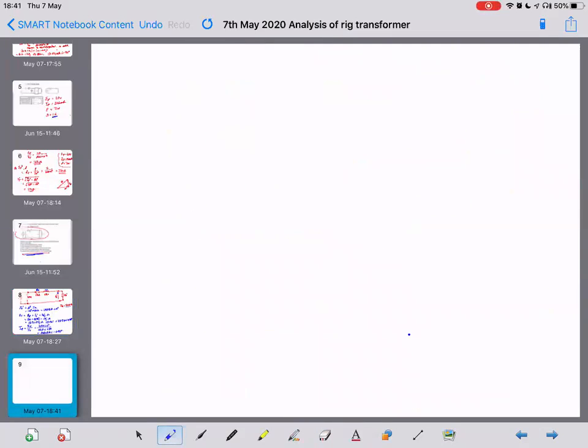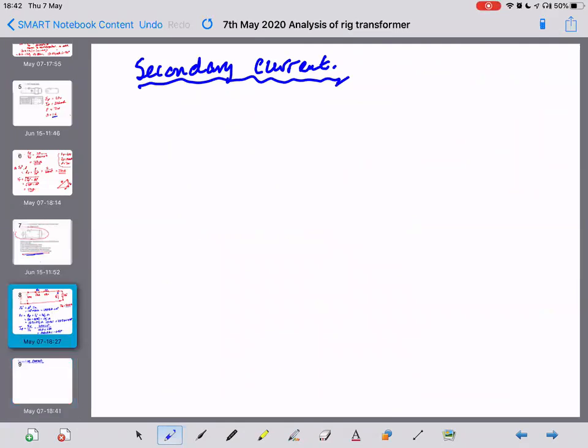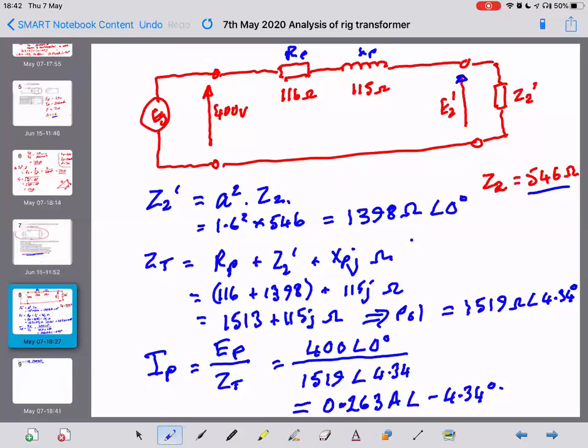So secondary current. How can we find that? From knowing the primary current, IP, what would be I2 dash?